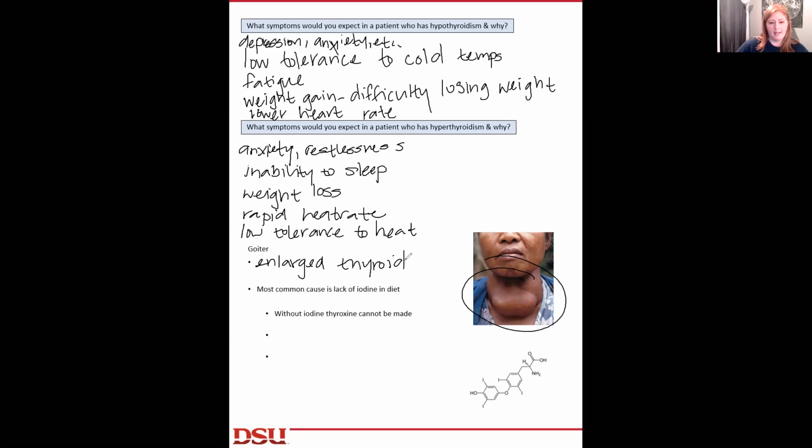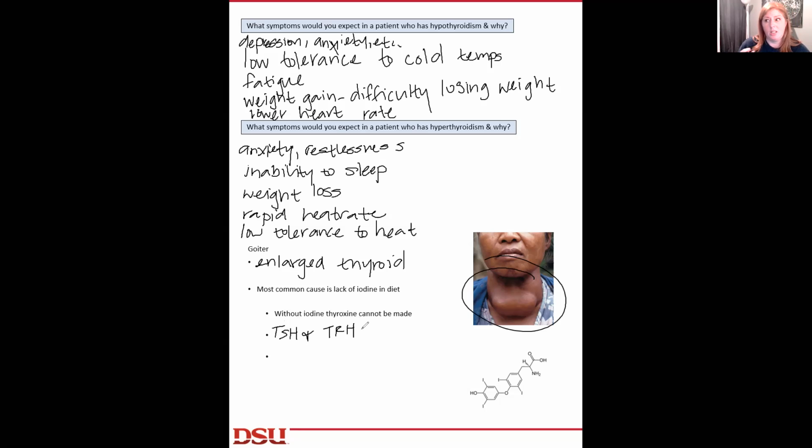But again, without iodine, the thyroid isn't going to be making any thyroxine, okay? Because of that, we have thyroid stimulating hormone and thyroid releasing hormone constantly being made, okay? Because the signal is being sent. You're not producing it, you're not producing it, you're not producing it.